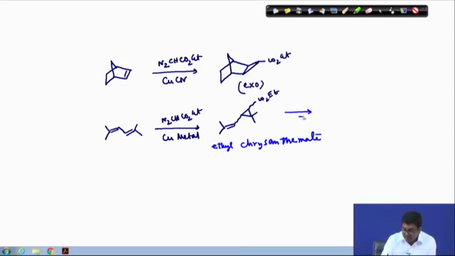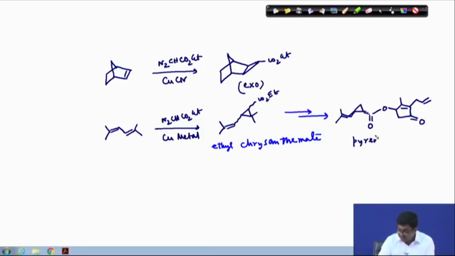This can further lead to a natural product called pyrethrin I. This is an insecticide.